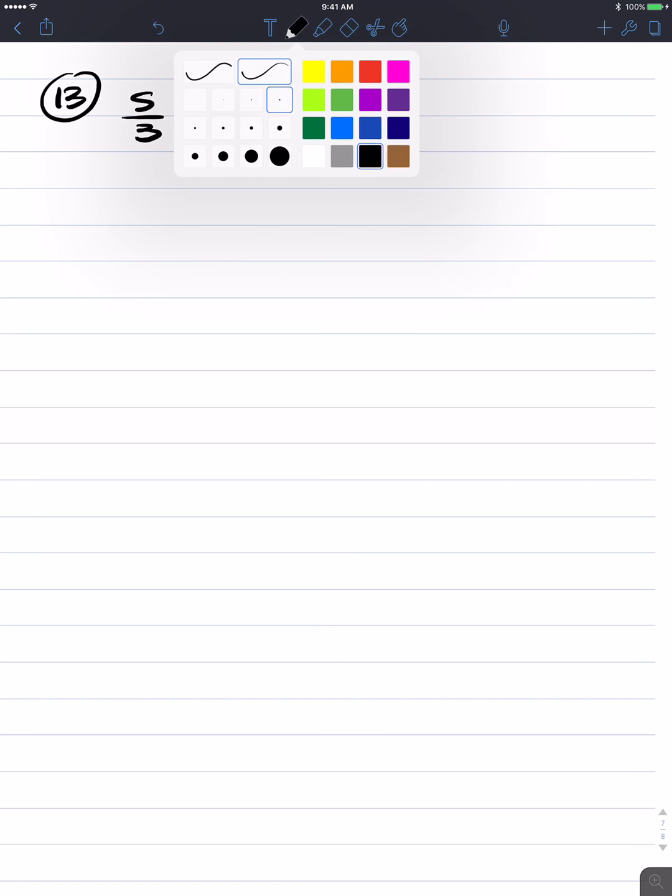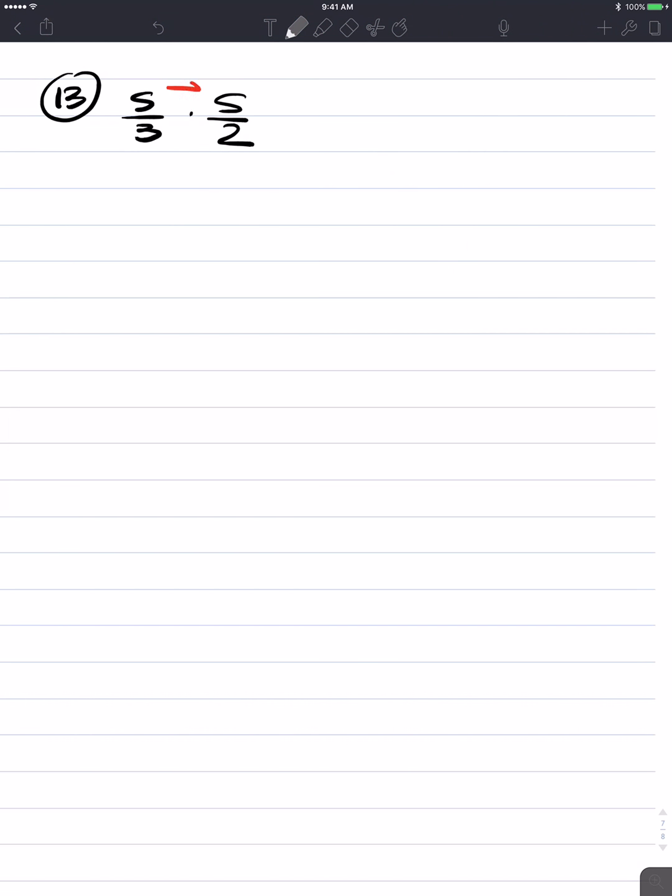Number 13. 5/3 times 5/2. We multiply fractions by multiplying horizontally across. What we end up with is 5 times 5 divided by 3 times 2.